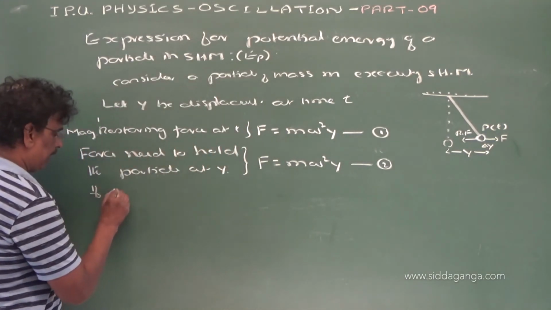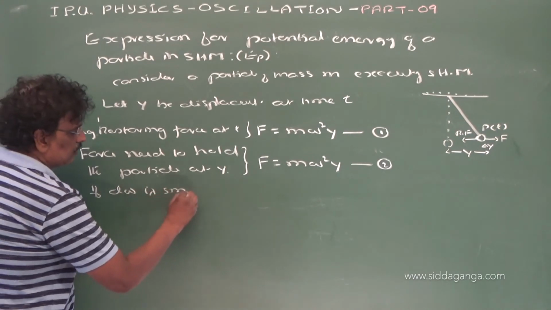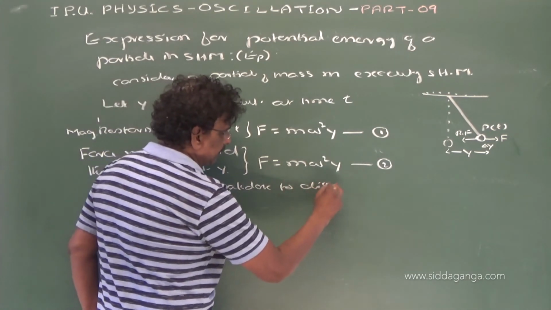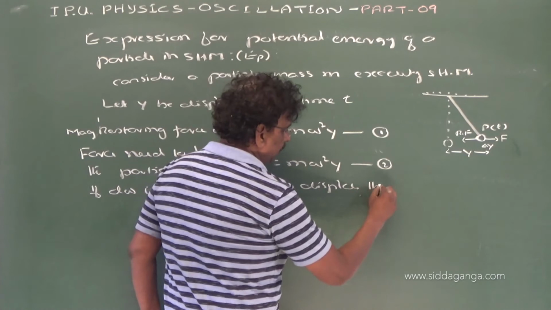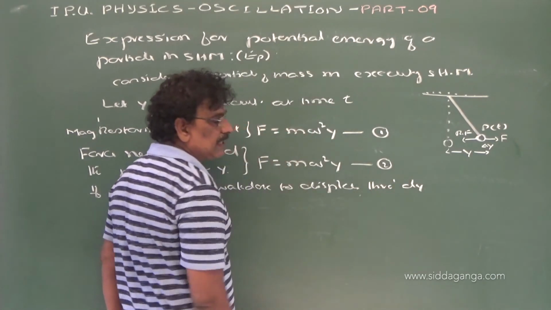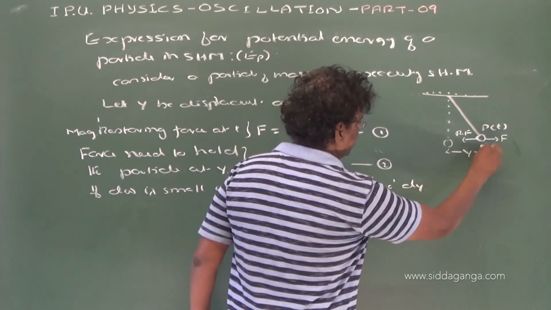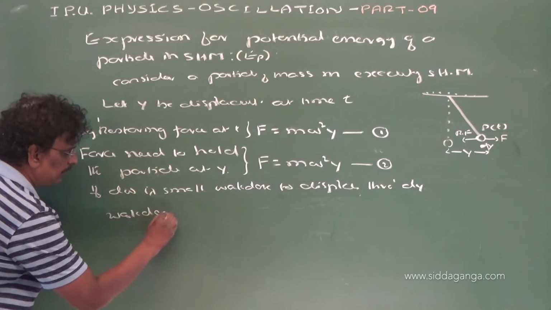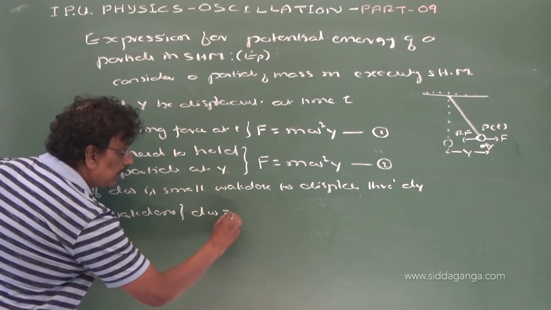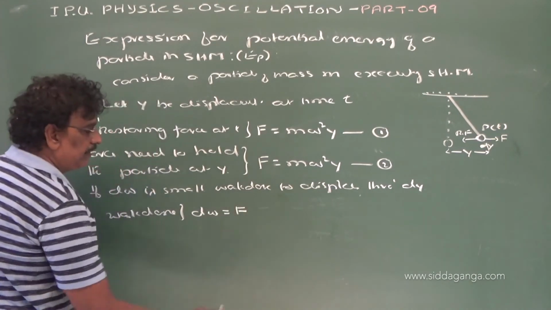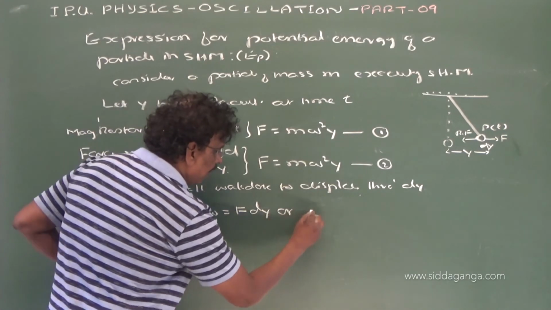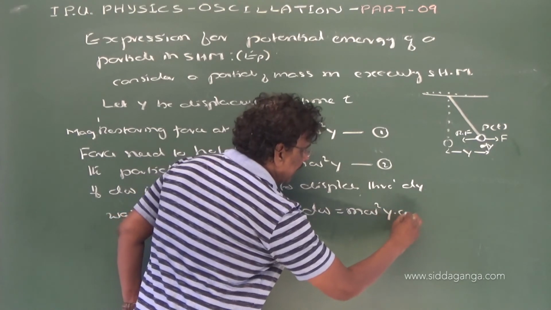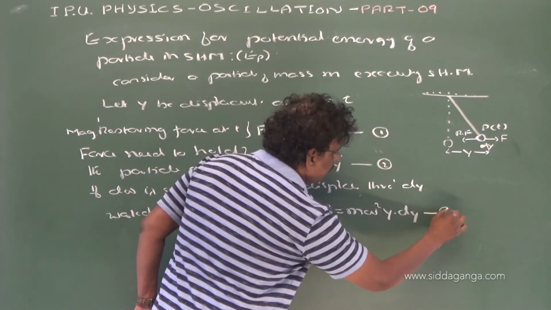If dw is a small amount of work done to displace the particle through a small displacement dy, then that work done dw is equal to F into dy, or dw is equal to m omega square y into dy. Let us take it as equation number 3.